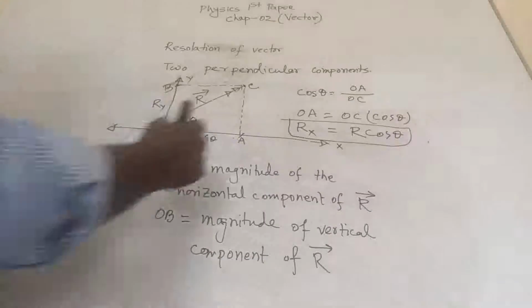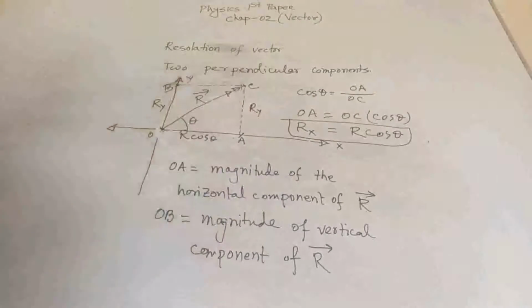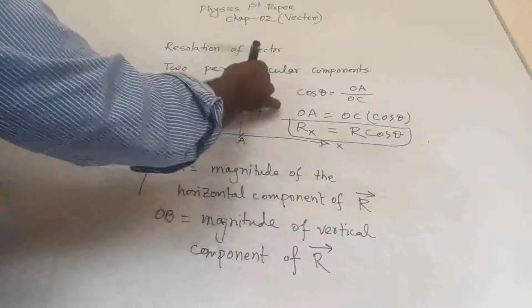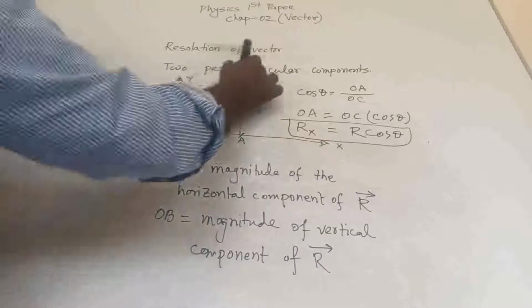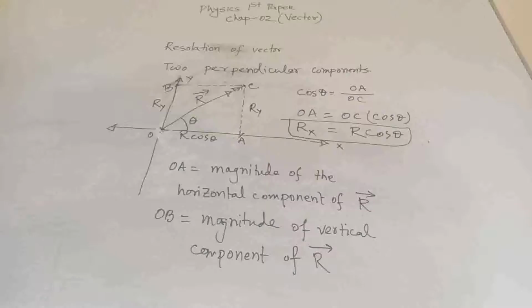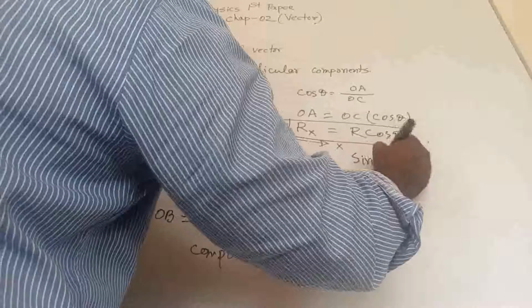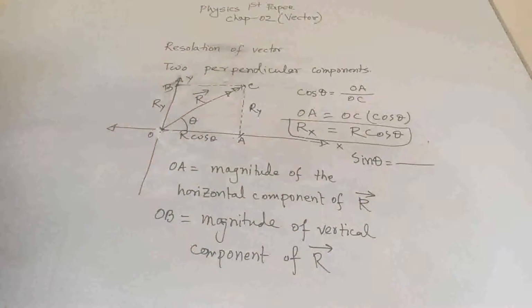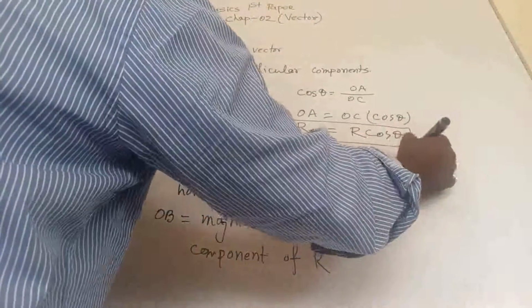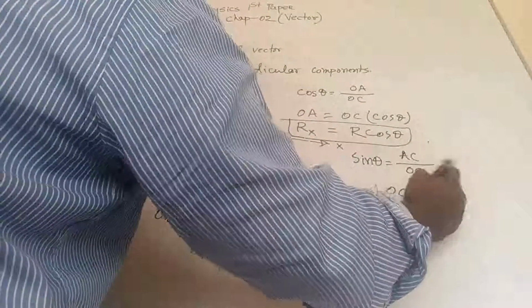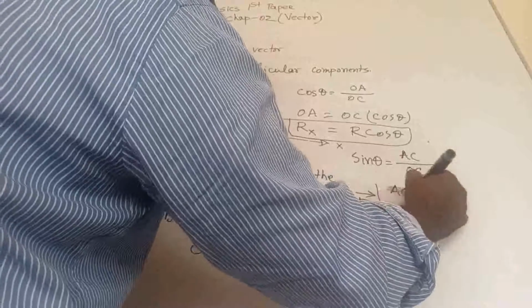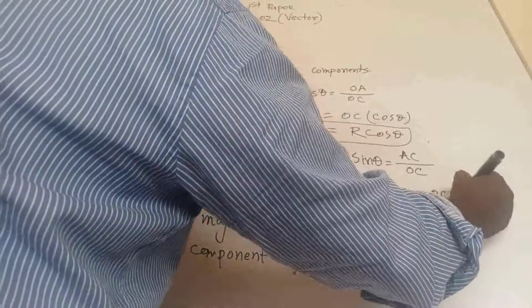If it is Ry, AC will also be Ry because they are the opposite sides of a rectangle and are equal. To calculate it, we need the opposite side and we know the hypotenuse, so we take the sine ratio. Sine theta is equal to opposite AC divided by hypotenuse OC. So AC is equal to OC sine theta.